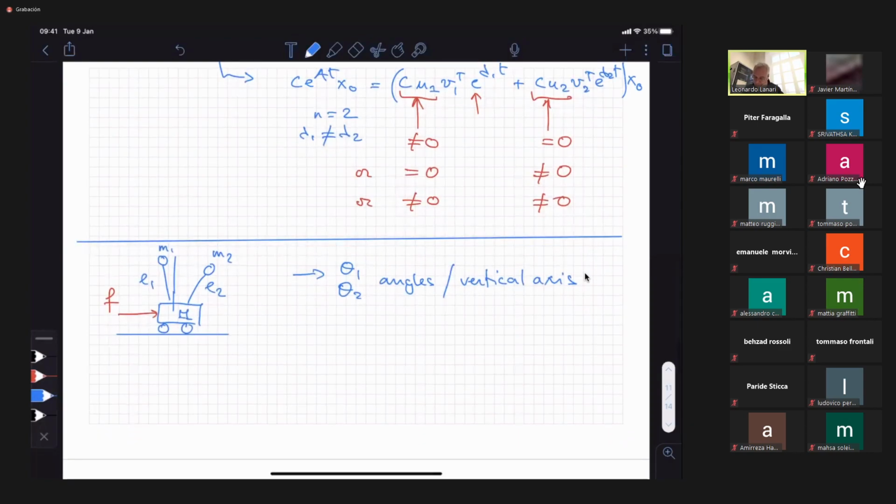So you could find the nonlinear dynamic equations.